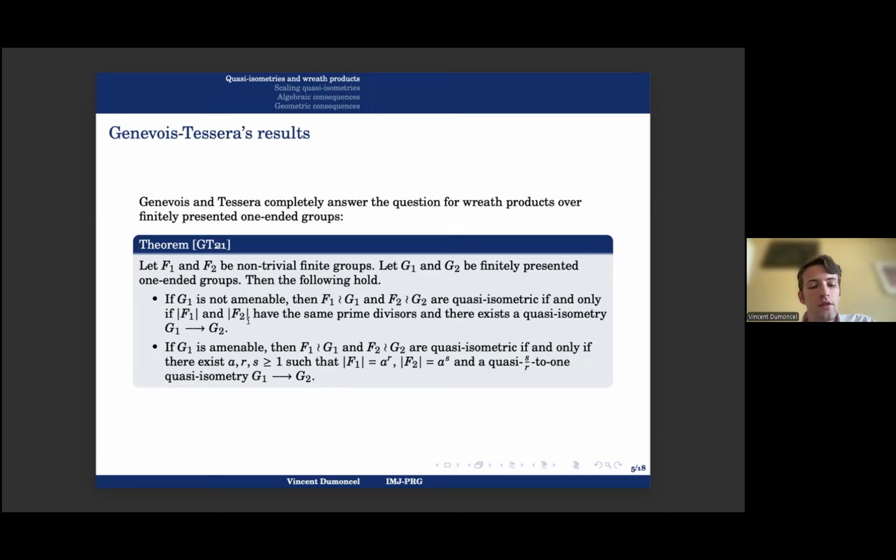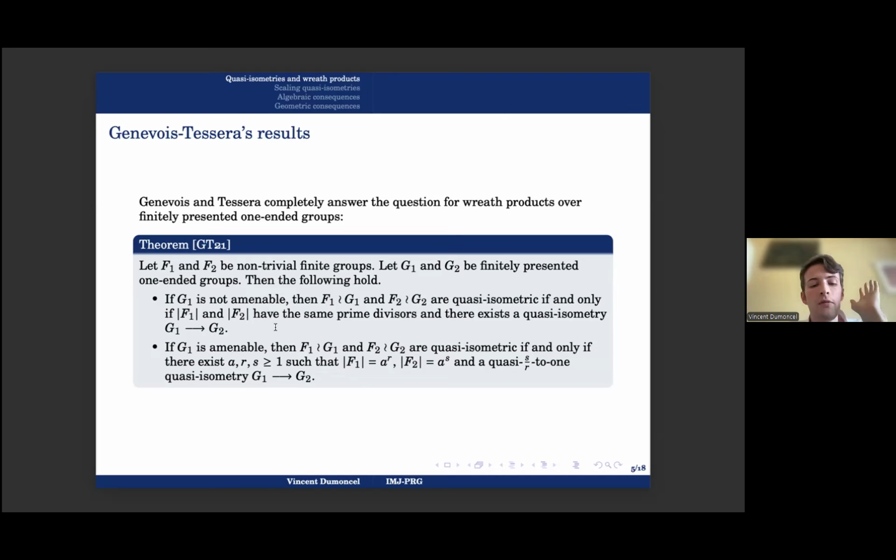The first is an arithmetic condition on the cardinalities of the lamplighter groups: you need these two cardinalities to have the same prime divisors, actually. And the second condition is the existence of a quasi-isometry between the base groups H1 and H2. And from these two data, you can recover a quasi-isometry between the wreath products. These two conditions are sufficient and necessary.